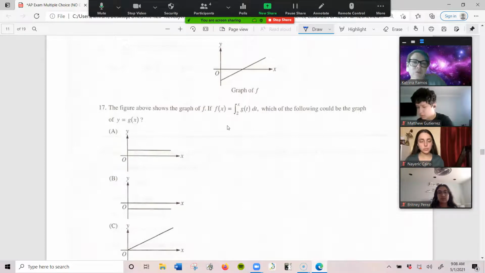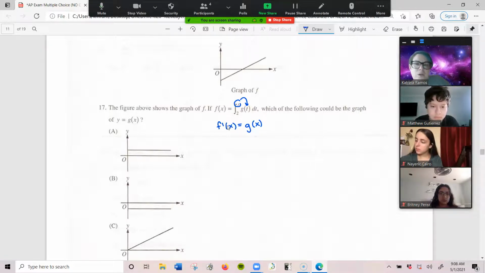So if you use the second fundamental theorem, we would get that f prime of x is equal to, and then we take the x and we plug it in for t, so g of x, right? Because I'm taking the derivative of both sides. Okay. So f prime of x is equal to g of x, and they're asking which one of these is the correct graph.